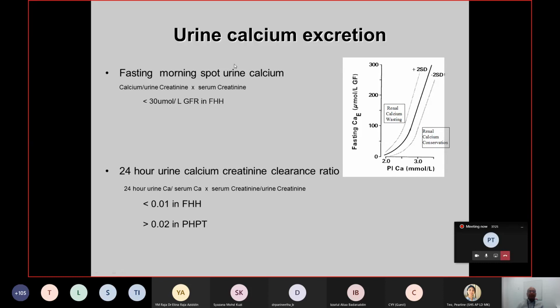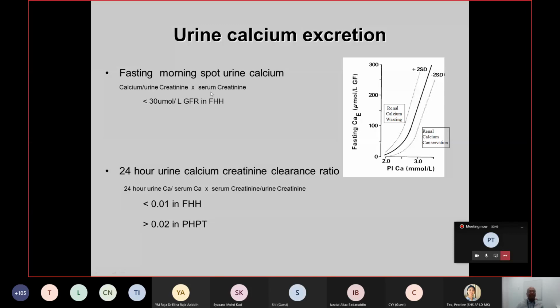So I've already mentioned what we do to exclude FHH, familial hypocalciuric hypercalcemia. Initially, we do a fasting spot urine for calcium excretion, which is urine calcium divided by urine creatinine multiplied by serum creatinine.